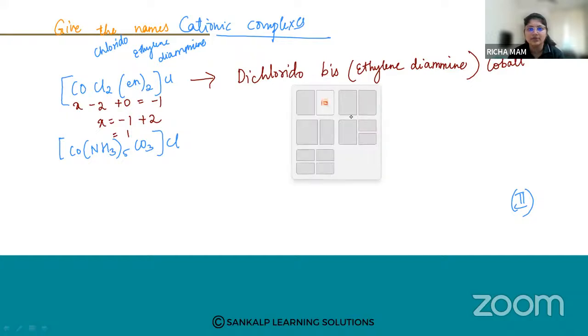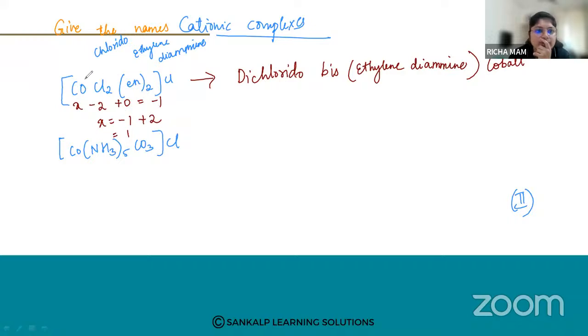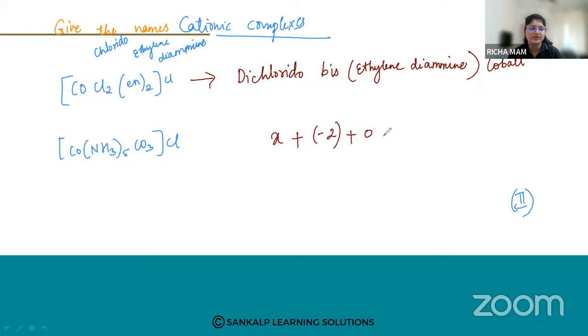Dichlorido, bis ethylene diamine, cobalt 3 chloride. Yes. But how are we getting cobalt 3? Ethylene diamine is 0. This is minus 2. So cobalt is X, plus chlorines are minus 2, ethylene diamine is 0, equals minus 1.